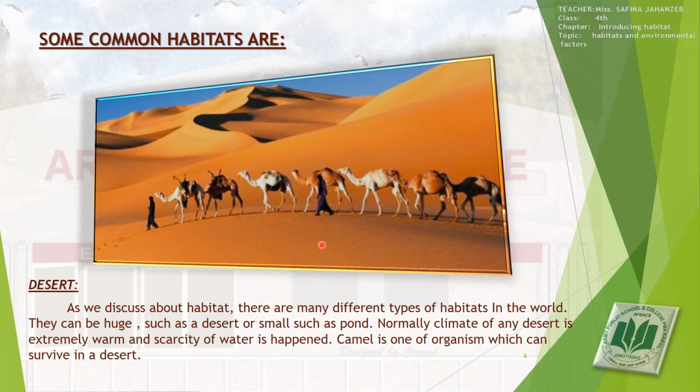It can survive in the region without water for more than a month. Other examples of animals in this area are snakes, cactus, lizards, and scorpions.